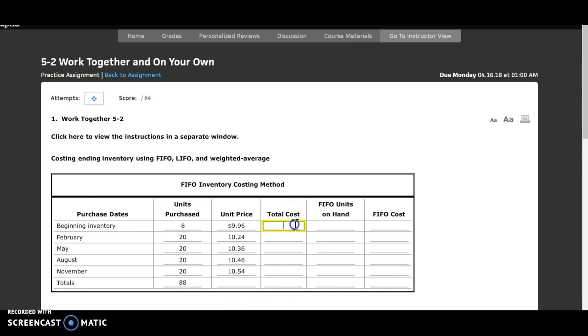Okay. We are, though, then going to figure out our total cost for each. So here's where we need to take the units that we purchase and the price of each unit. So that first one, we're going to take 8 times $9.96 for a total of $79.68.